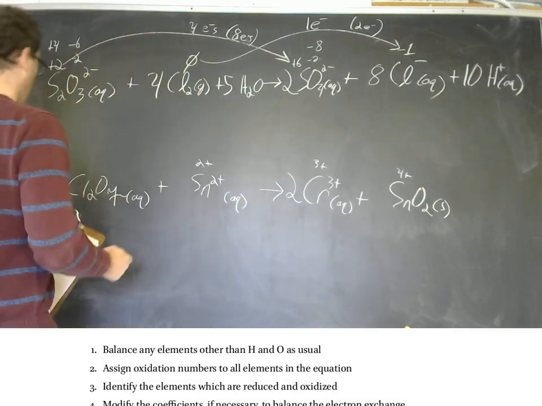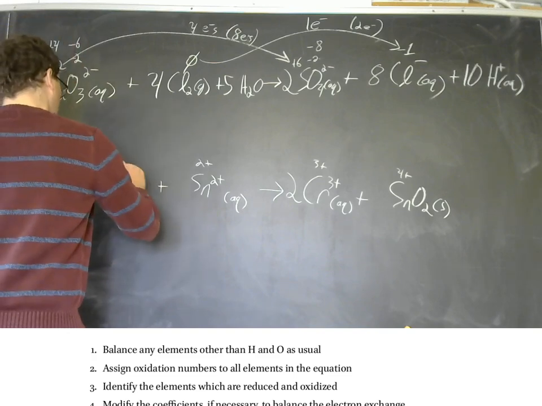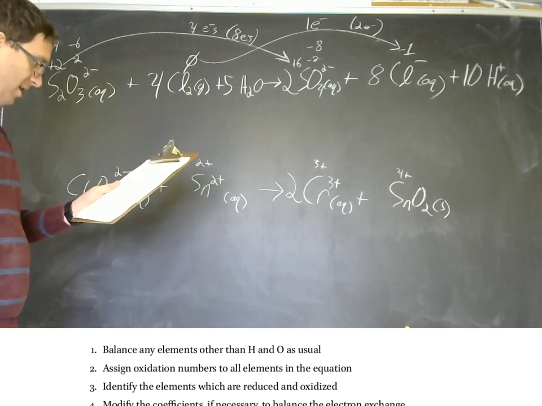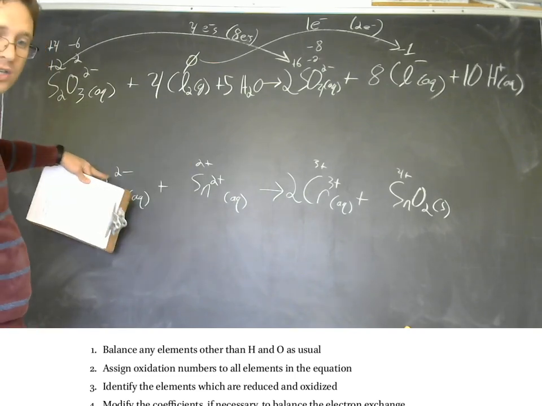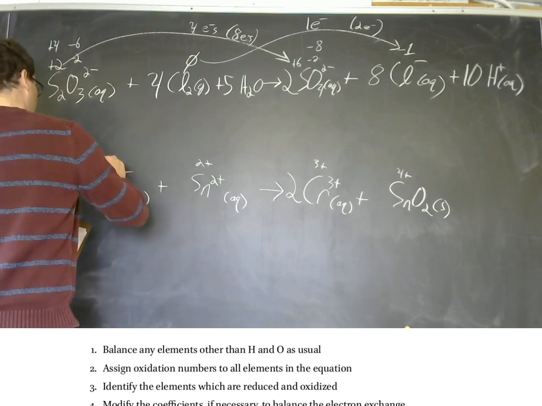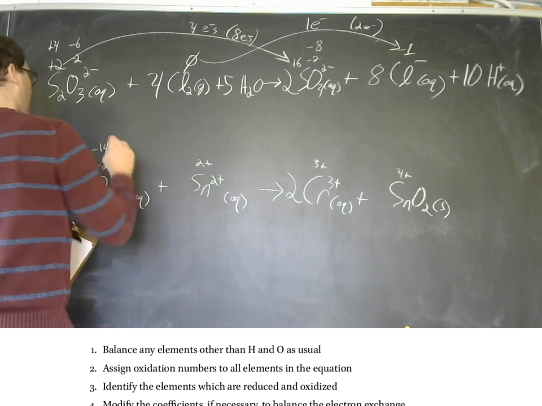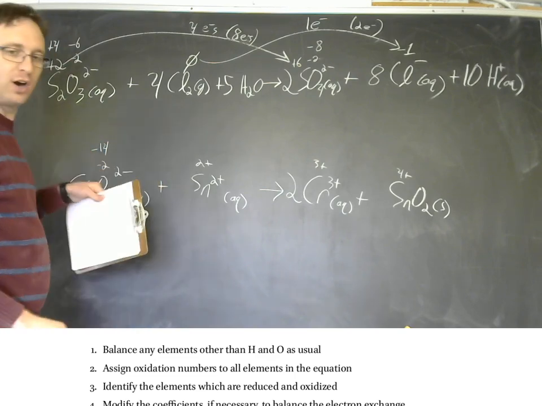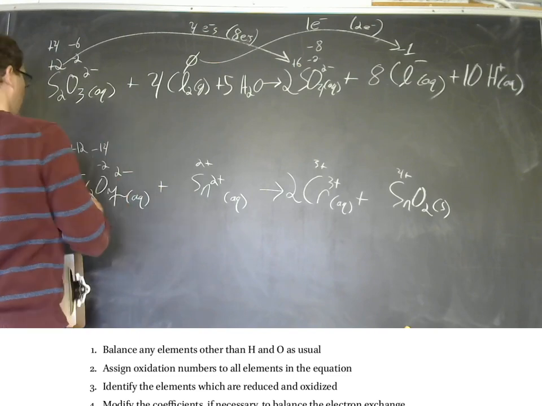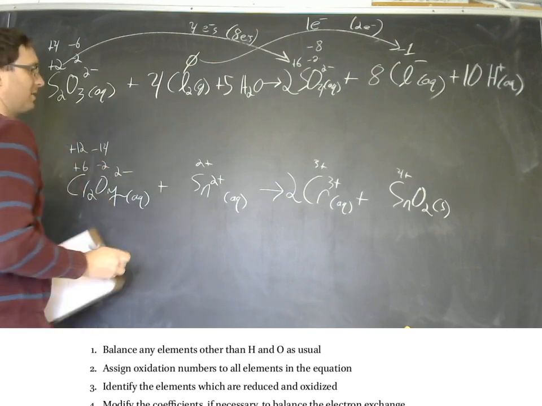And then the chromium over here, oops, this should be a 2 minus dichromate ion. Sorry, I missed that charge. So oxygen is -2. There are 7 of them, so that's a total of -14. The overall charge is 2 minus, so we should have a positive 12 divided between the 2 chromiums is positive 6.